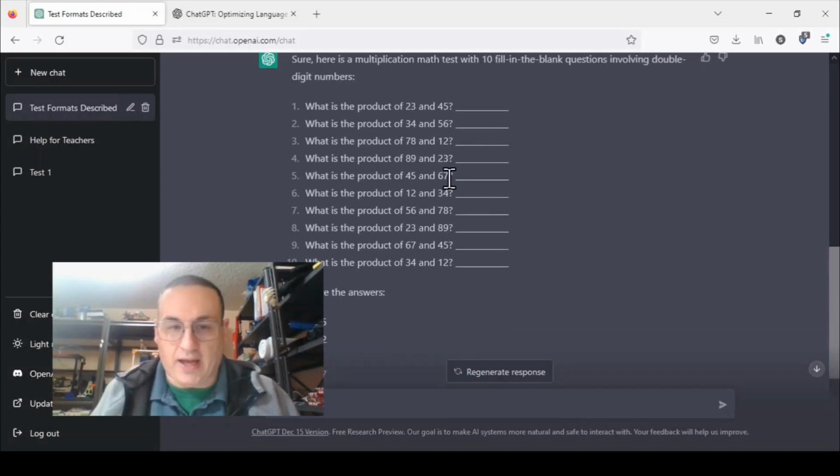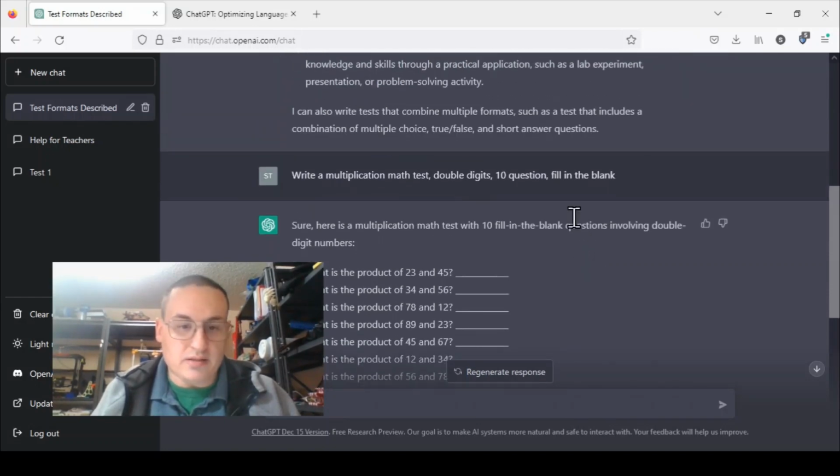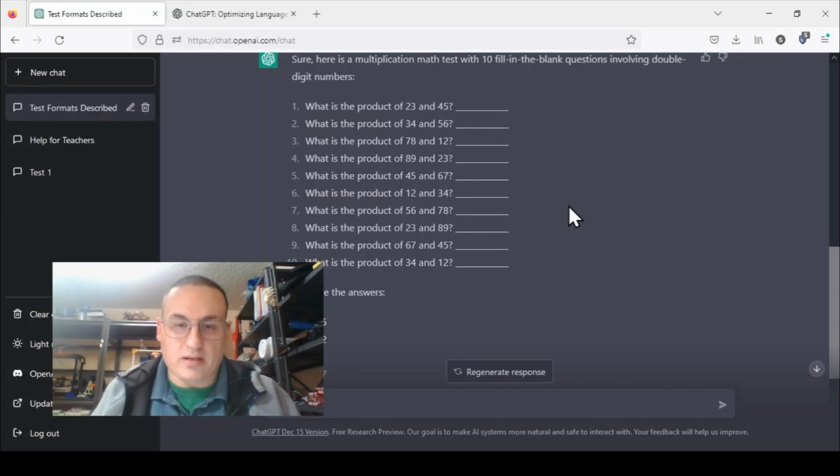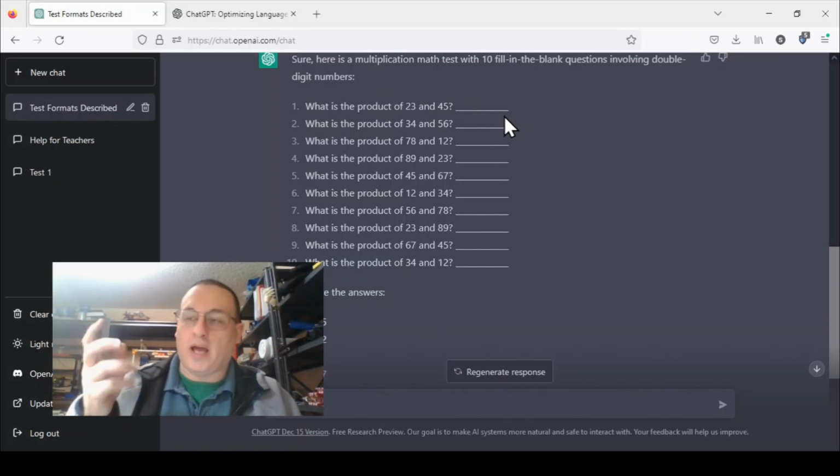In the past, I've had to ask for the answers to this question, but this is a pretty nice test right here because it does have the students read the correct terms, so the product of 23 and 45, and gives them space for an answer. Now, remember, you'd have to copy and paste this either onto a worksheet or into an LMS and have the students fill it out that way.